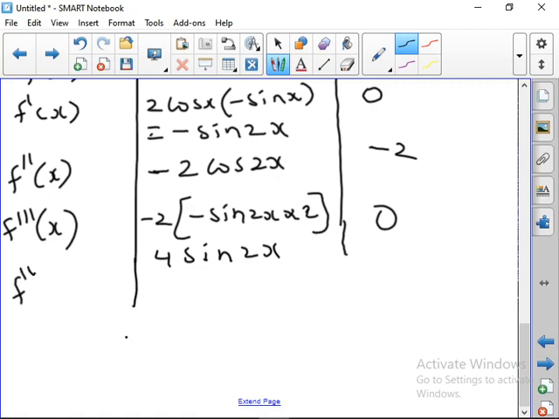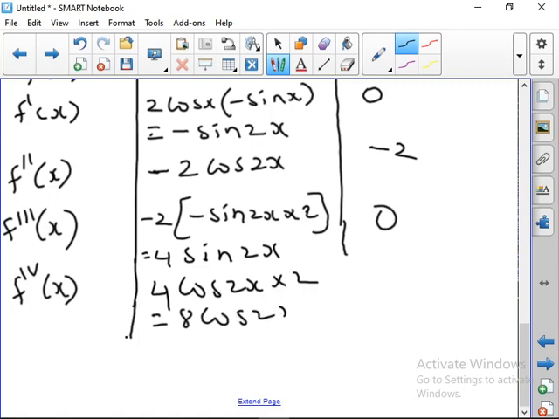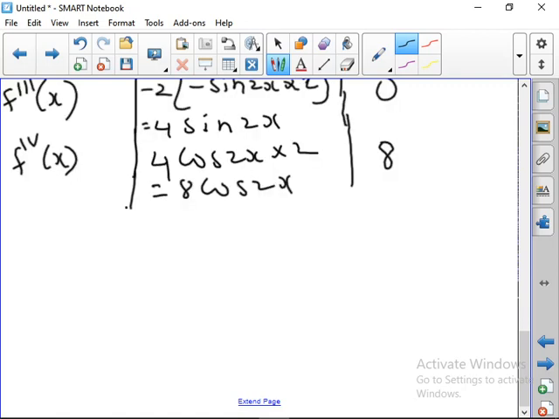Then f4 of x is 4 into cos 2x into 2, which is equal to 8 cos 2x. Cos 0 is 1, so we get 8 here. So you put it in the formula.